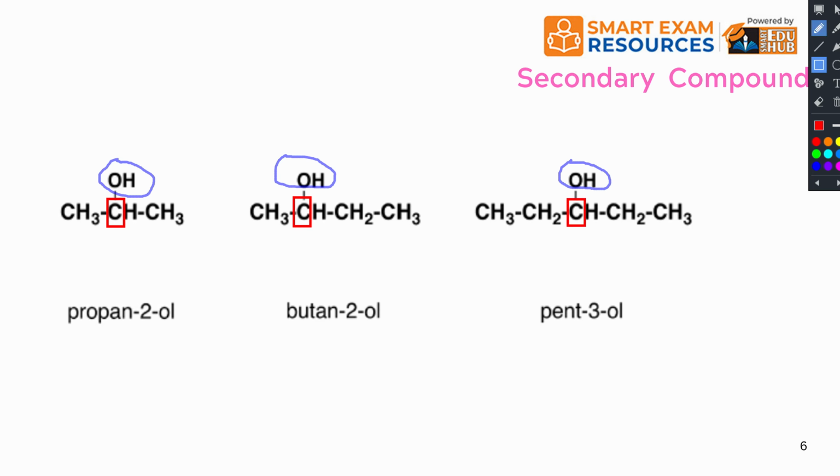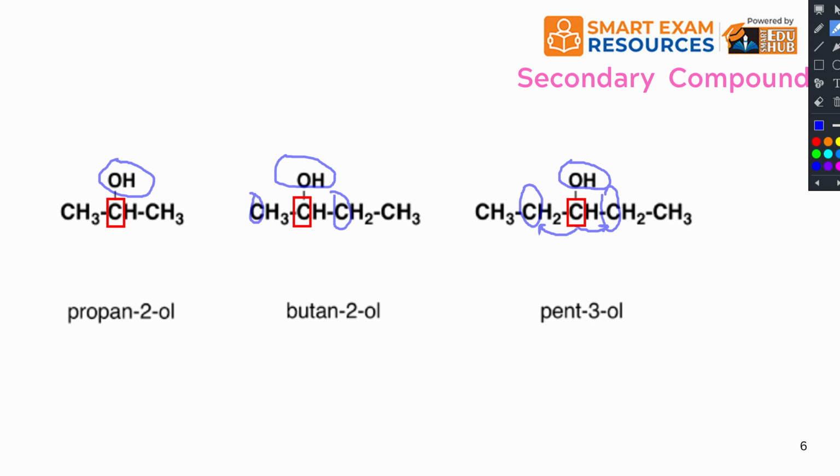And as per the definition of what we have learned until now, this carbon atom that is bonded to the functional group should be bonded to only two other carbon atoms. So this is 1, this is 2, this is 1, this is 2.